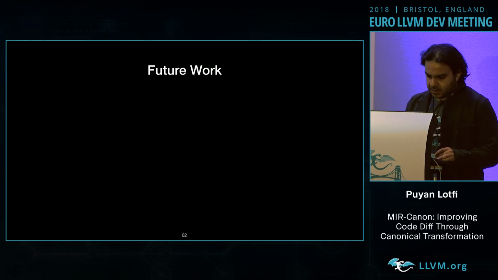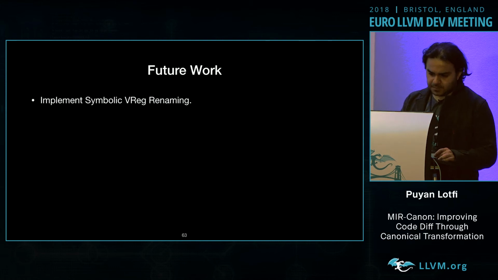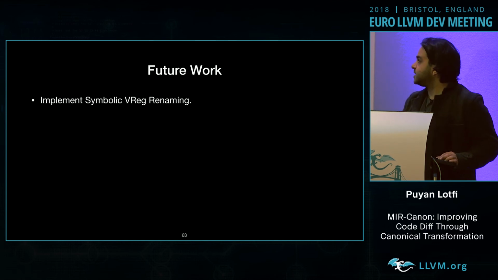So I'd like to get a little bit into future work. The first item for future versions of MIR-Canon I'd like to explore is implementing a symbolic VREG renaming strategy.